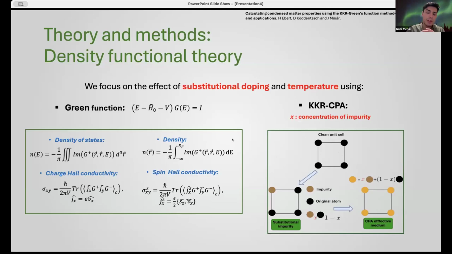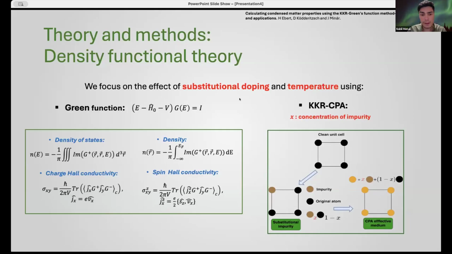Instead of dealing with a material where we add impurities, and therefore we have to create many atoms, as you see here on the left side, what we do is replace every atom in the material by a kind of mixture between the original atom and the impurity. And this allows us to have an effective potential and also gives us very good numerical advantages.